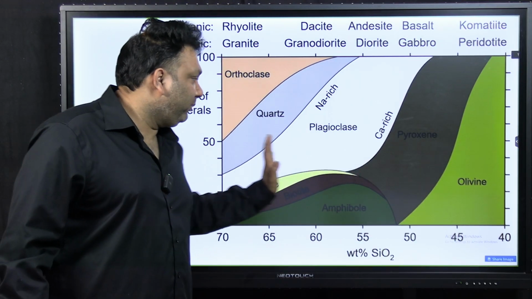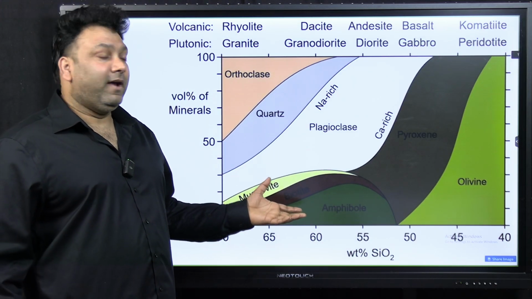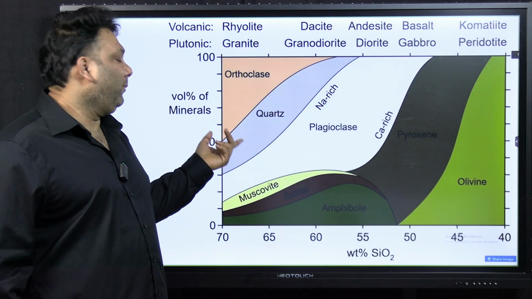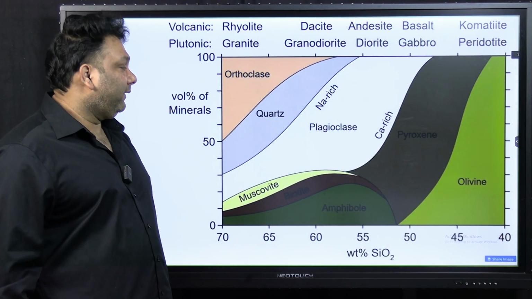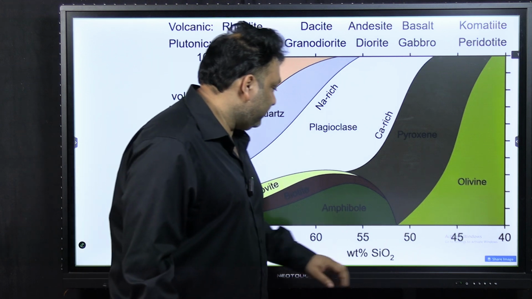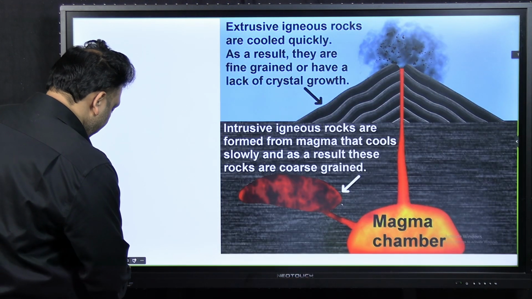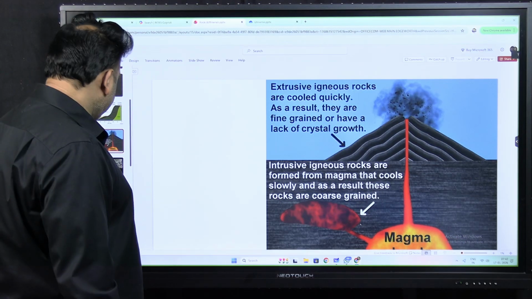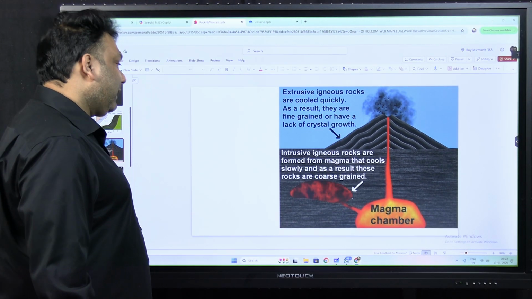As the depth increases, you will get more and more olivine. And on the surface of the Earth, you will find more and more quartz or orthoclase, meaning sodium and potassium will be more in the upper layers of the Earth. Iron and magnesium will be more in the inner layers of the Earth.